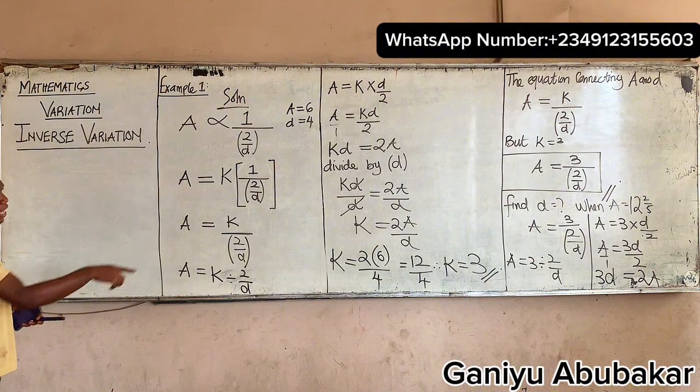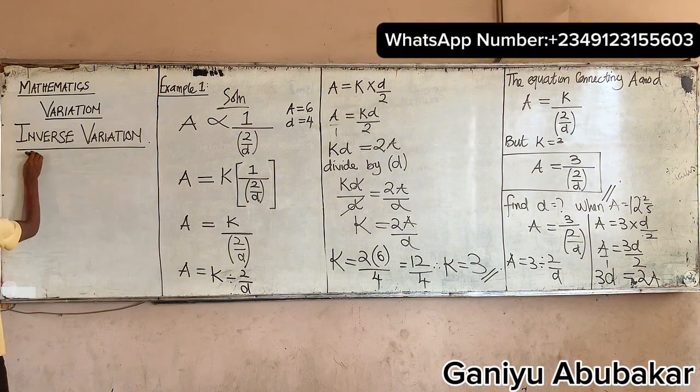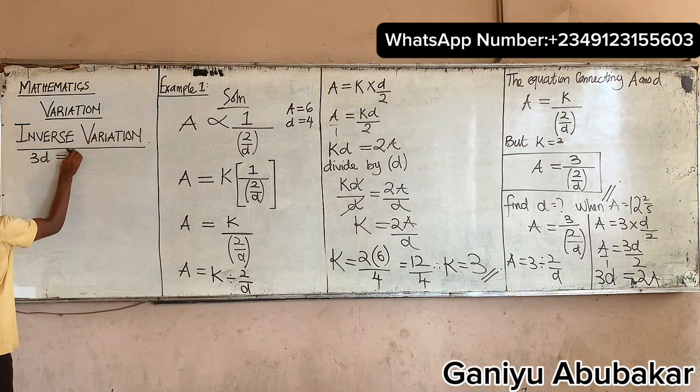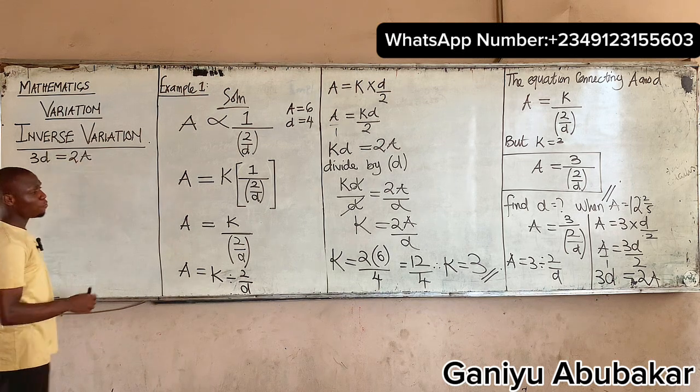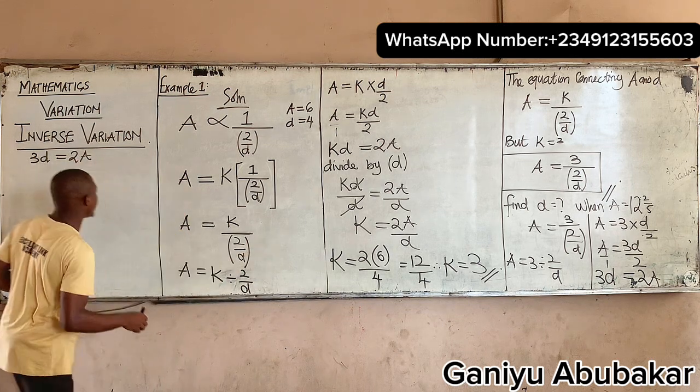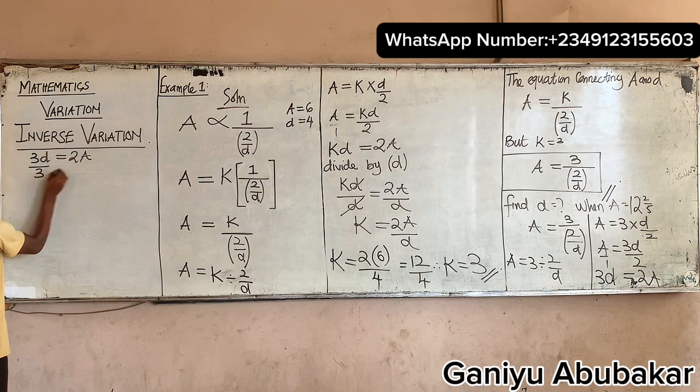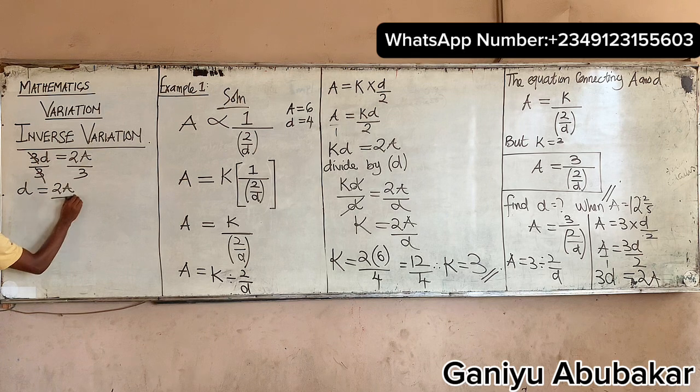I have 3d equal to 2a, and I'm asked to find d, so let's make this the subject. Divide by 3, divide by 3. This should cancel this. So I'll have d equal to 2a over 3.